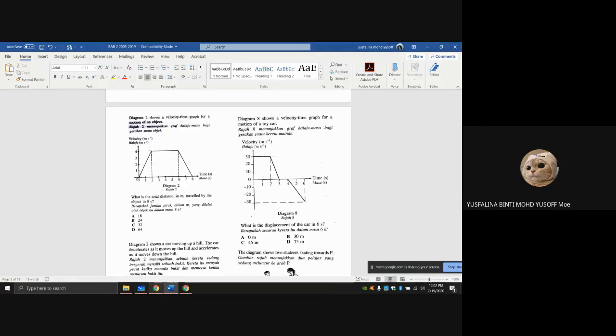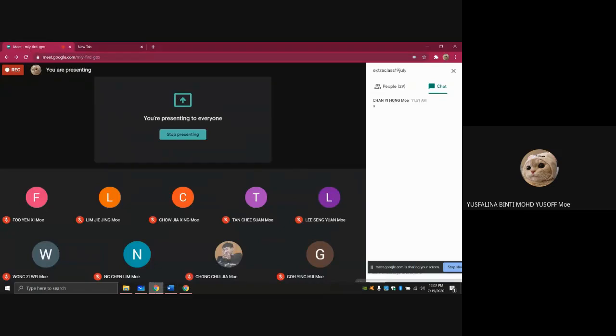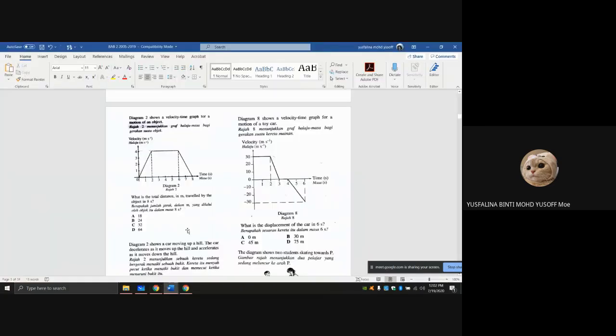Is there any question you want to ask? If you want to ask the question, just open your mic and ask, because I will not see the chat. Alright, for this one, you have to find the area under the graph.